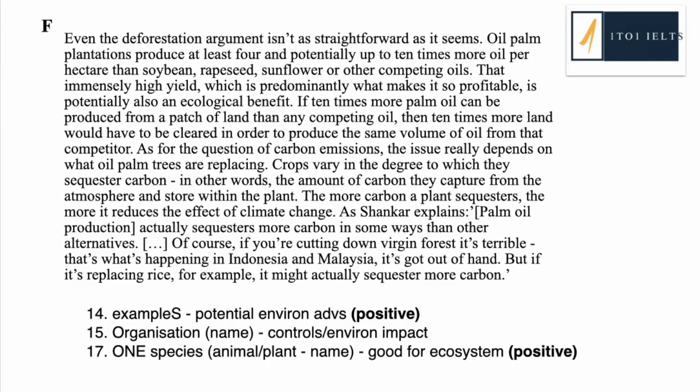F looks like it's 14. Let's have a look at the other options. Are there any mentions of an organization's name? Nope, so we know it can't be 15. And does it mention one species that is good for the ecosystem? No. So we know it can't be 17. So for me, F and 14 go together.